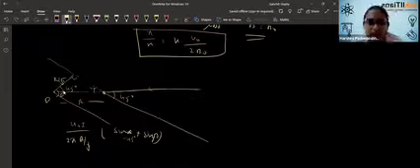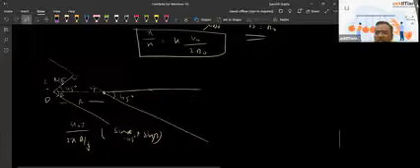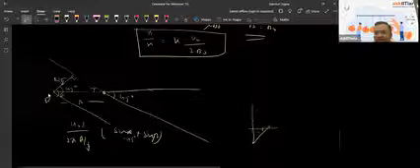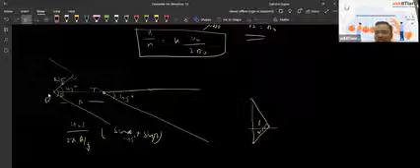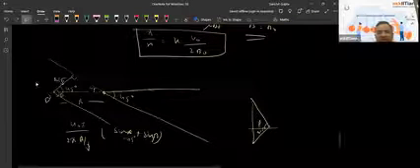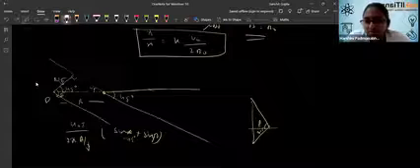Why is it minus? Because see, one alpha we take generally in this direction, no? See, this is the wire and this is the point P. So one angle we take in one direction and one angle we take in the opposite direction. But here both the angles are in the same direction only. Then how do we know if it is the same or opposite?